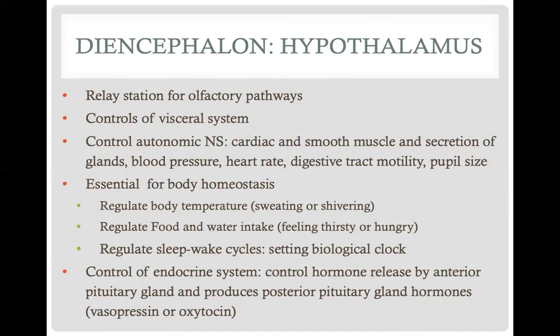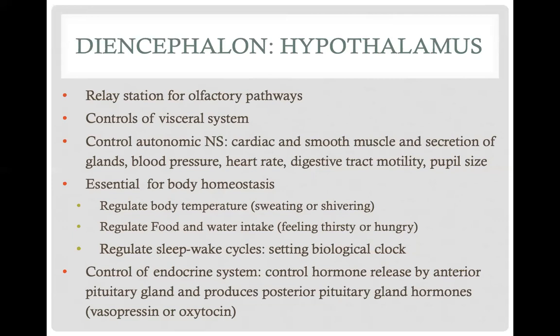So some of the things that it can help control are your smooth muscle, your cardiac muscle, secretion from glands, the movement and motility of your digestive system, the size of your pupil, either opening or closing it, your heart rate, and your blood pressure.